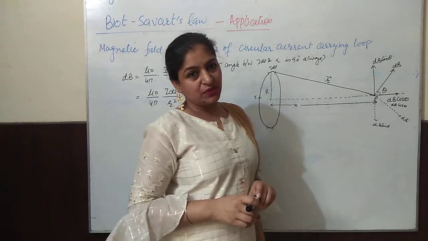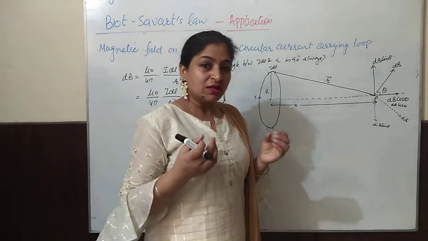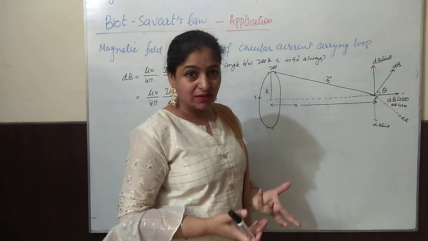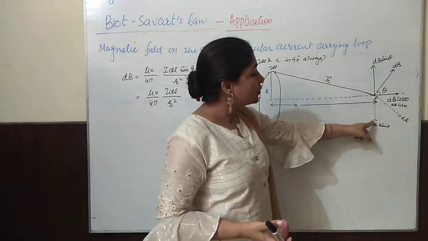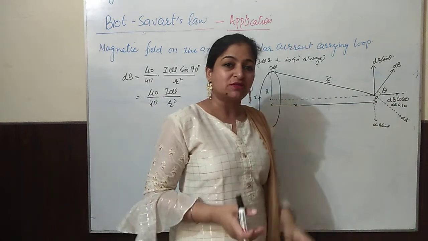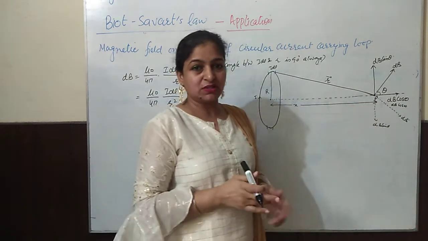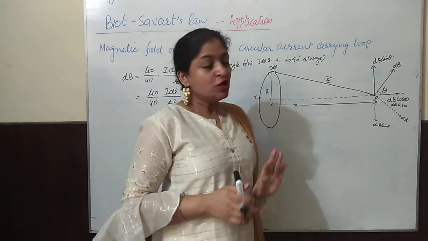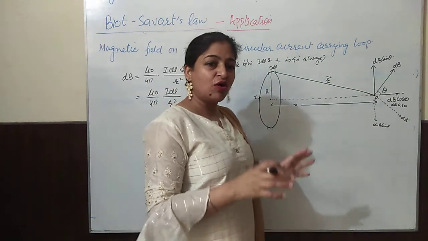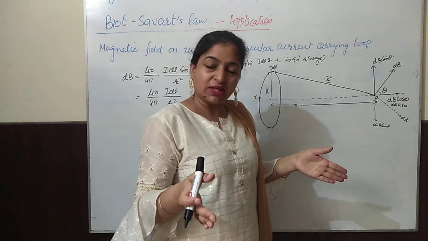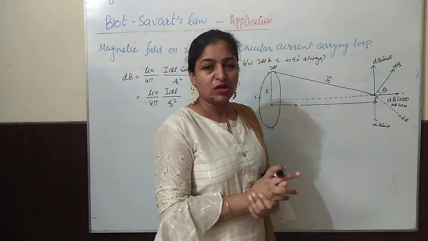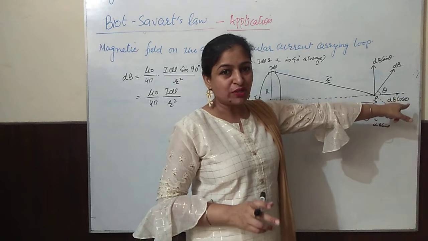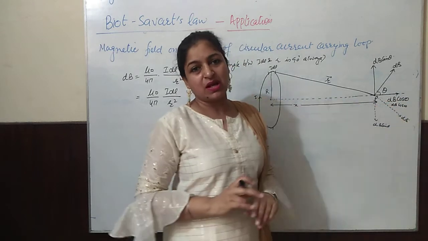So cos theta components of all the current elements which are diametrically opposite will get added up, and the sine components are exactly opposite for two diametrically opposite current elements. Sine theta components would cancel each other. So the sine theta component for any two opposite current elements will cancel each other, so the sine theta component will not exist. Only the cos theta component is there, which is going to add up in the total magnetic field.